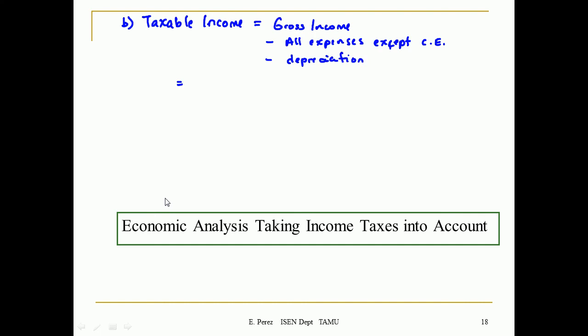So you have a gross income of $450,000. You're going to subtract our expenses except the capital expenditures. So we have $100,000 for that, minus the depreciation charges for the first year. We know that that was $109,256. So in total, the taxable income will be $240,744.